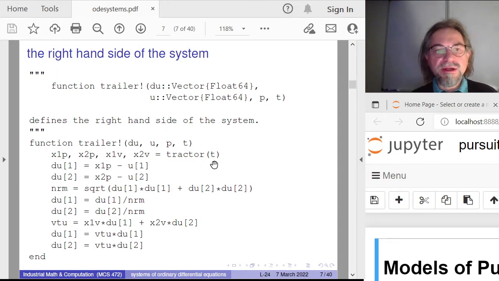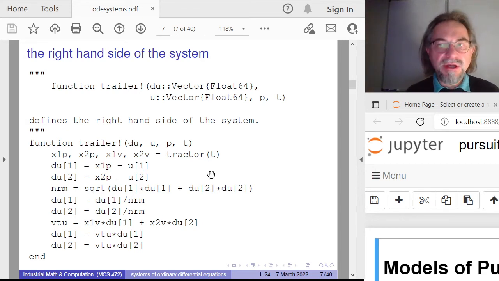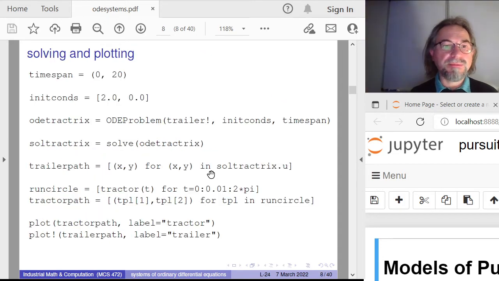So we are evaluating the tractor, and we get the four-tuple back. We compute the vector, normalize it, compute the square root here, divide by the norm, and then compute the orthogonal projection of the velocity vector. So the third and the fourth component, both ending with v from velocity, give the components of the velocity of the tractor.